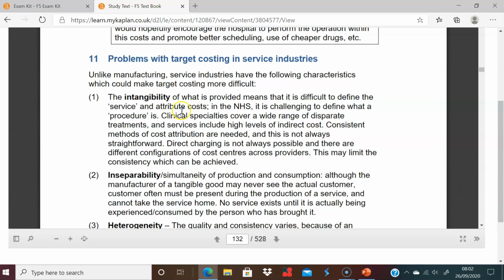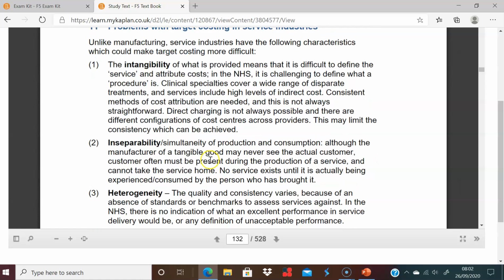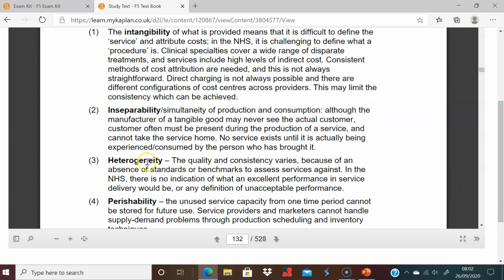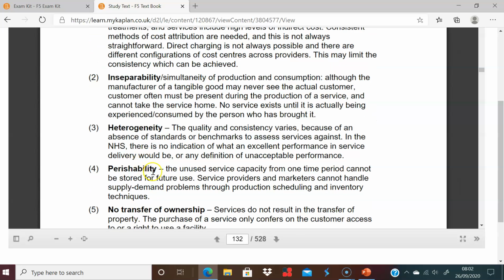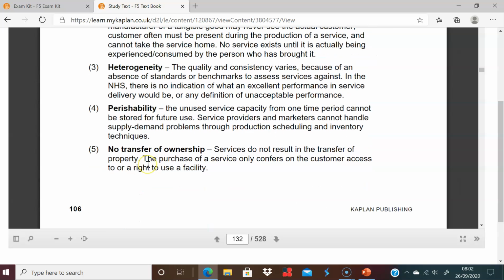First of all, we can't quite touch these things. They're intangible. It's a service being provided. There's inseparability, simultaneous production and consumption happening at the same time. These are unique services, and you can't store these things.